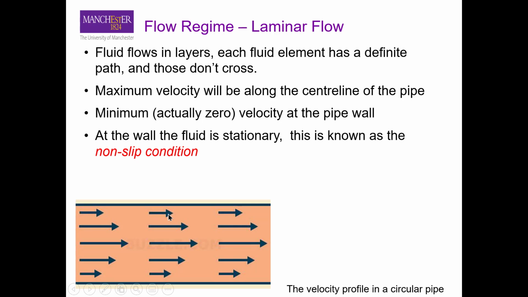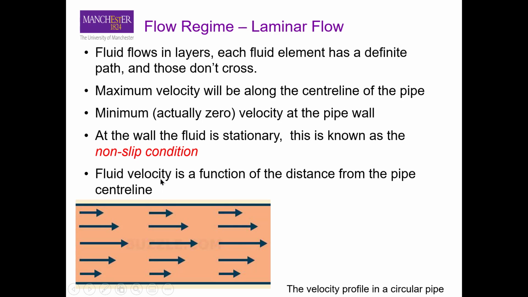So each layer away from the wall is at higher velocity compared to the layer that is next to the wall. Okay. So at the center, you have the maximum velocity because you have the least effect of the wall, and also the viscous forces are minimum in the center. Okay.